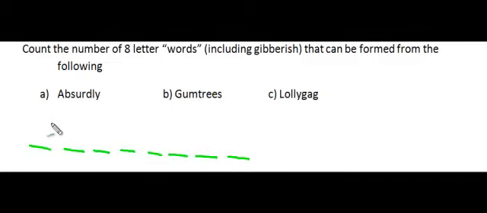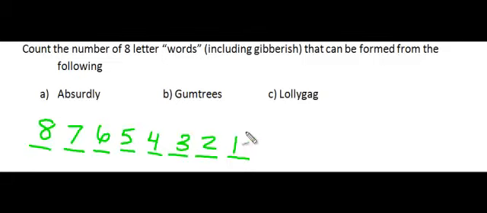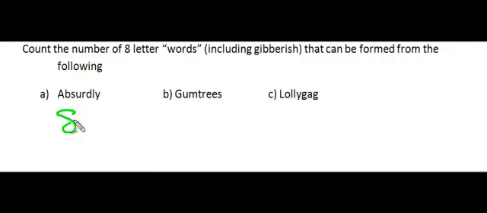In the first slot, we're going to have 8 choices, 7 choices for the next slot, 6, 5, 4, 3, 2, 1, or 8 factorial. To do this on our calculator, on simpler calculators it's actually easier because there's an exclamation key.